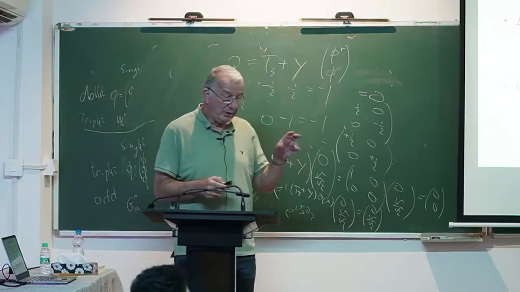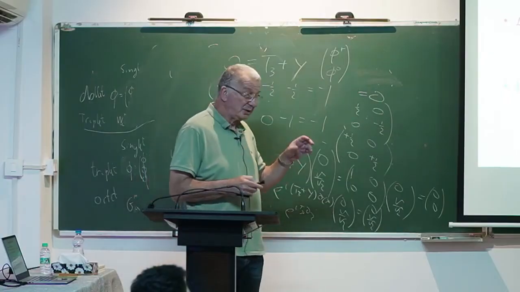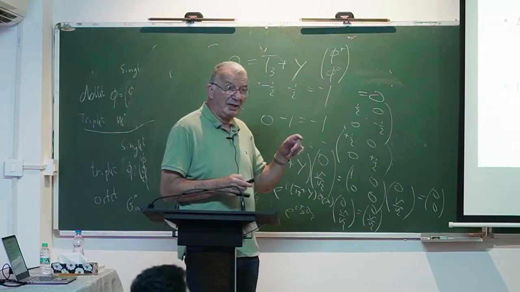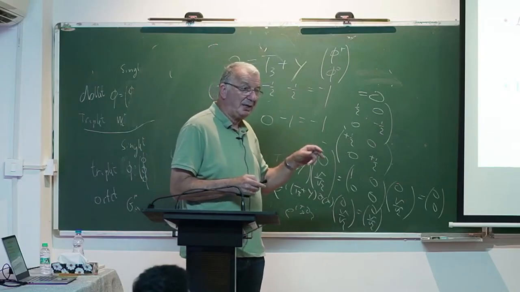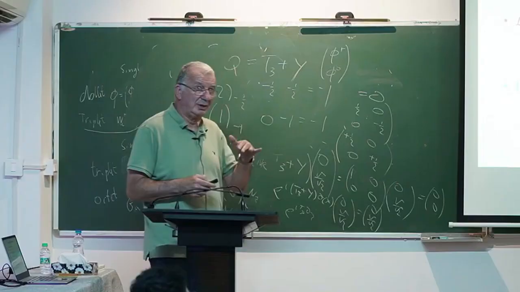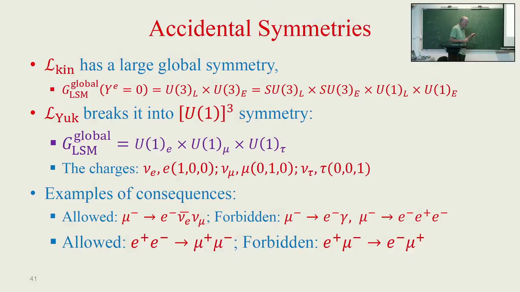You can do any rotation in the space of the three left-handed lepton doublets, L1, L2, L3, or any unitary transformation among the three lepton singlets, the e-rights, and each of these will keep the kinetic terms as they are. But the Yukawa terms break this symmetry.